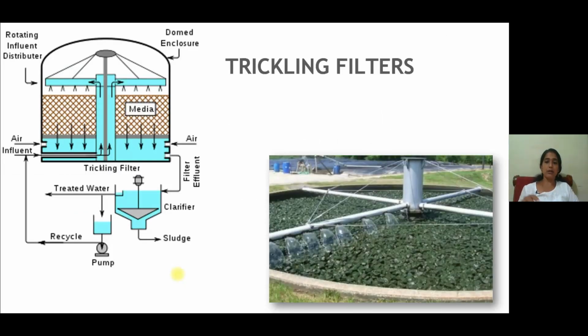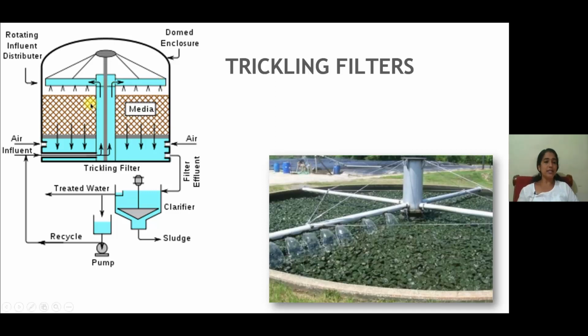On the right side is the actual picture of a trickling filter, and on the left side is a schematic representation. You can see the inlet pipe, where the influent is fed into the bed using the rotating distribution pipe system, which is provided for even distribution of the wastewater on the surface of the filtration bed.